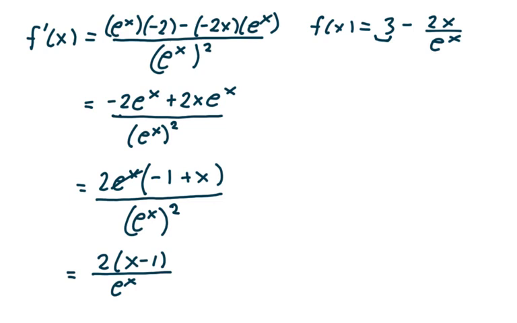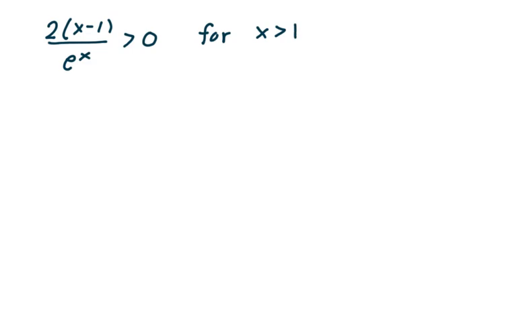Because here, that e to the x cancels one of these. Now, watch carefully. I claim 2 times x minus 1 over e to the x is greater than 0 for x bigger than 1.